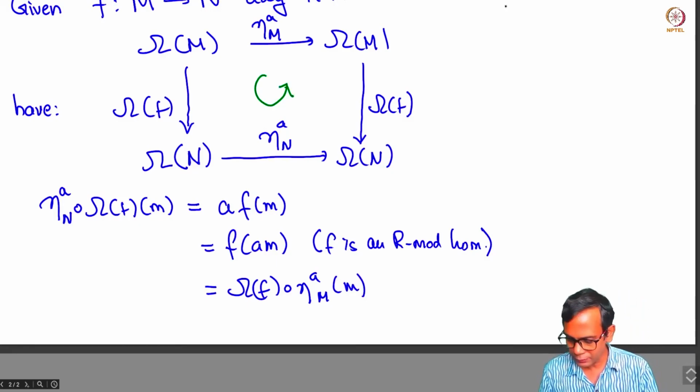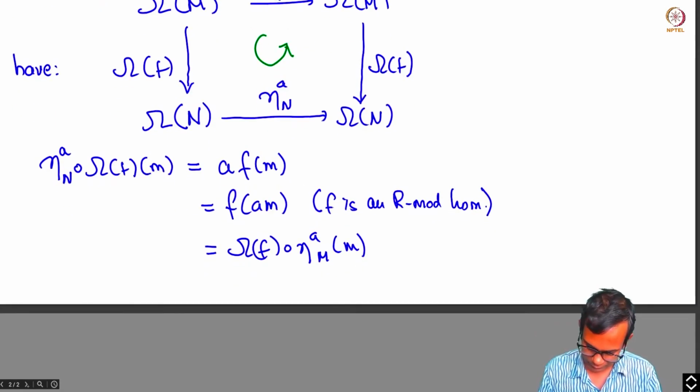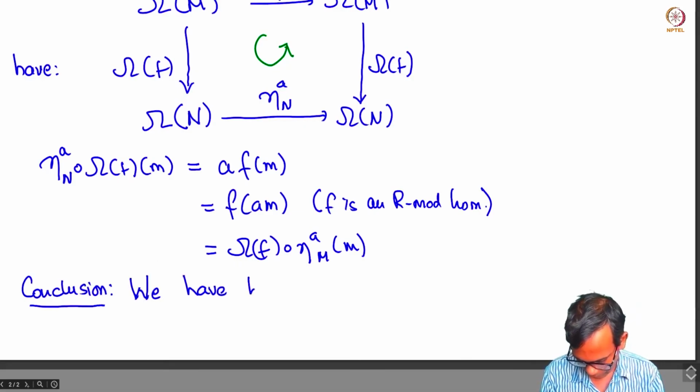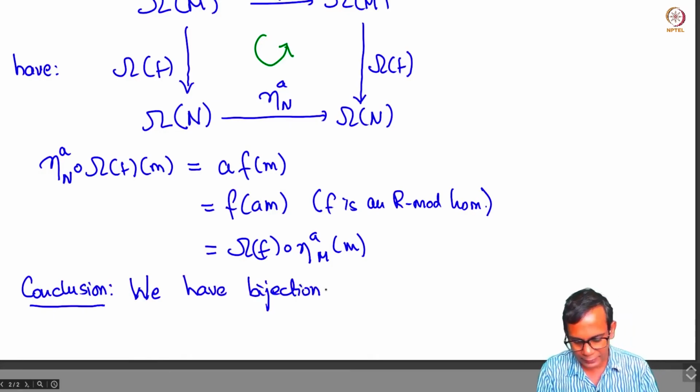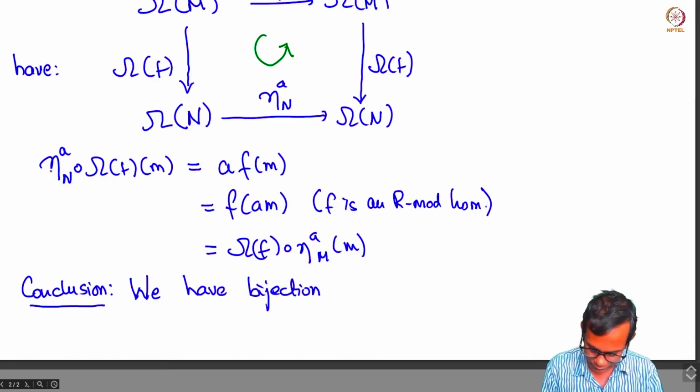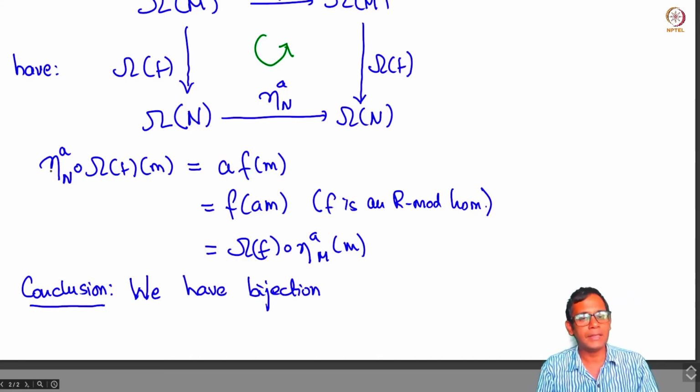So we've constructed a bijection. Clearly eta superscript a at R of 1 is a, just by definition. So this is the inverse of eta goes to a.